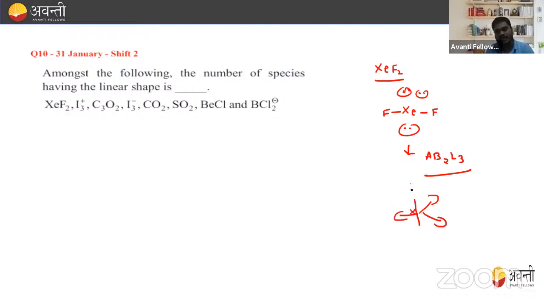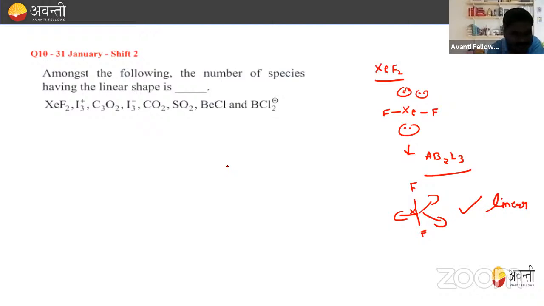The shape becomes F, Xe, F. The shape is linear, right? So for such types, we can say that the shape becomes linear. XeF2 is clear.